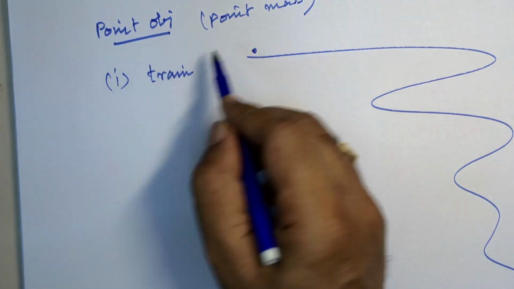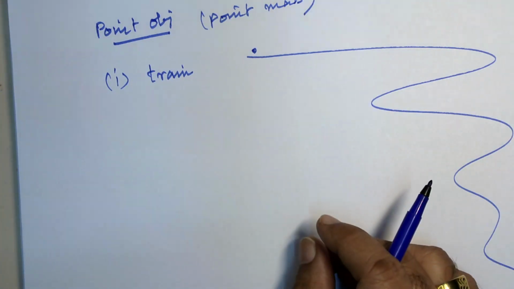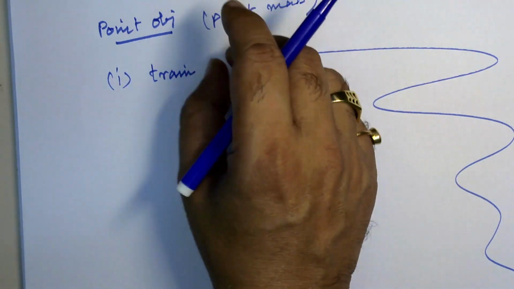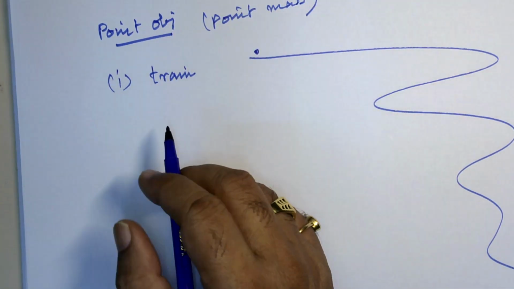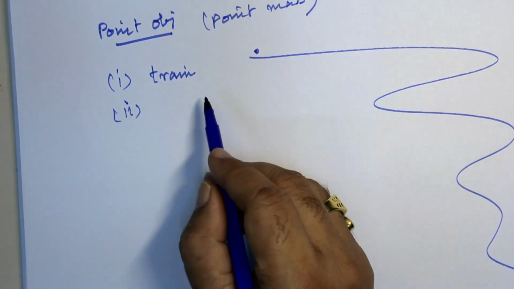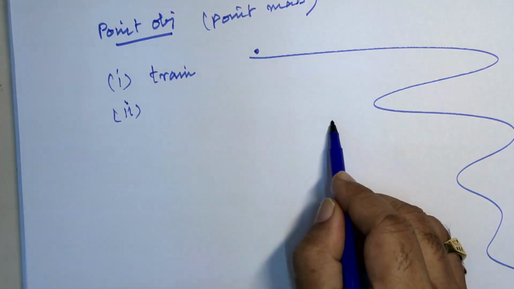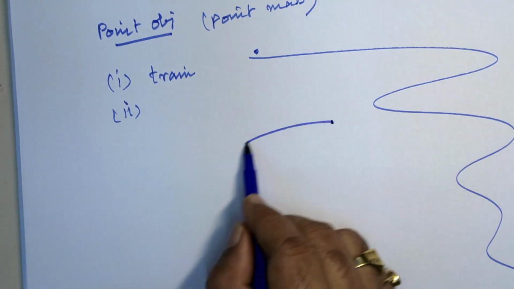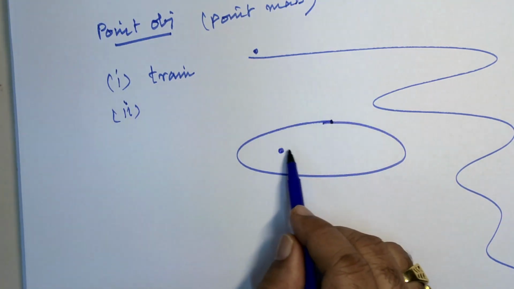In this case, a train can be considered one because it travels hundreds of kilometers, so the length of the train as a whole can be considered a point mass. Similarly, the Earth can be regarded as a point mass for studying its motion around the Sun.